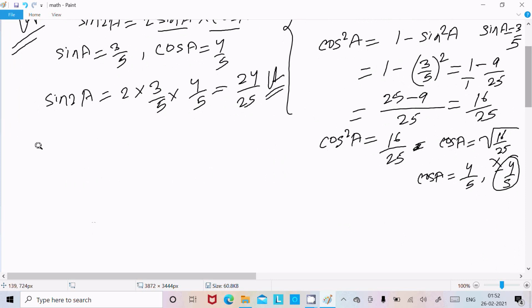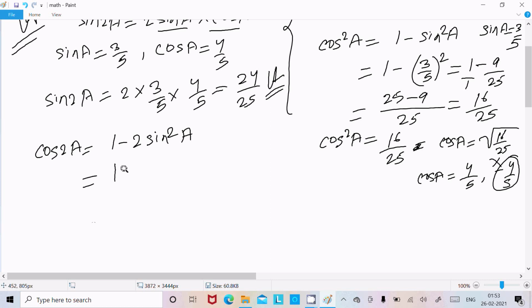Now hereafter going to calculate cos 2A. So about the cos 2A, we already know 1 minus 2 sin square A, or we can also use 2 cos square A minus 1. So you can use any one of these two, or you can write cos square A minus sin square A. So this is the formula of cos 2A.